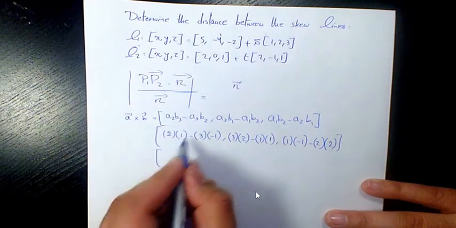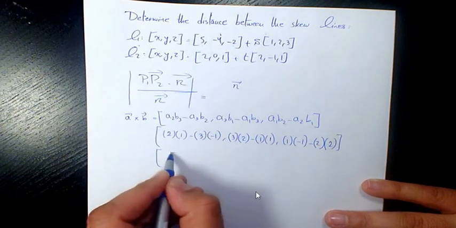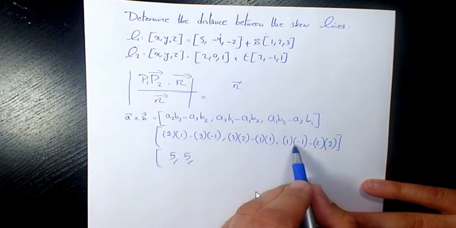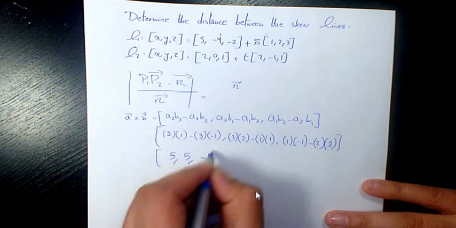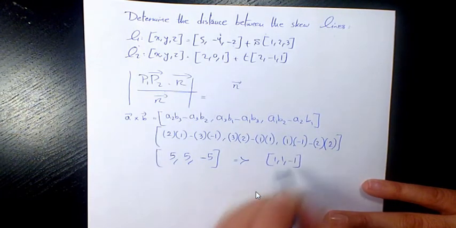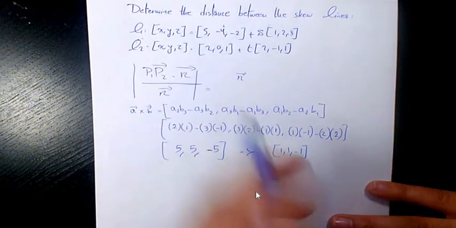So we have 2 plus 3, 5, 6 minus 1 is 5, and here we have negative 1 and negative 4, which is negative 5. Or we can write it as (1, 1, negative 1) if we reduce it. So that's the normal vector.